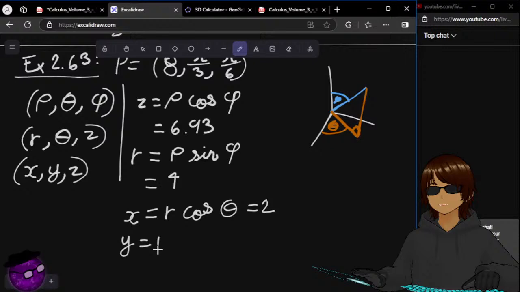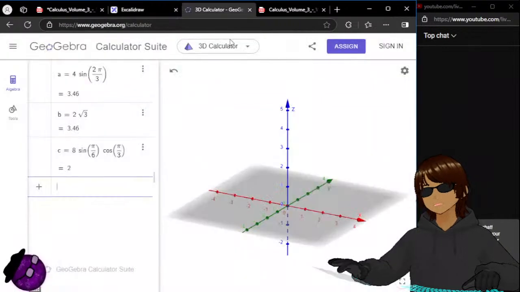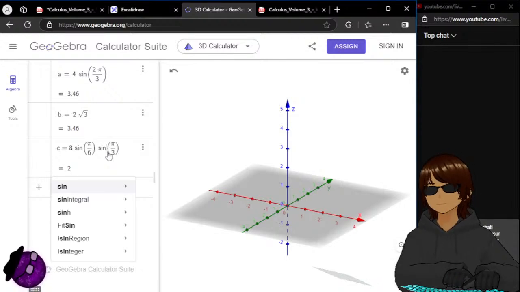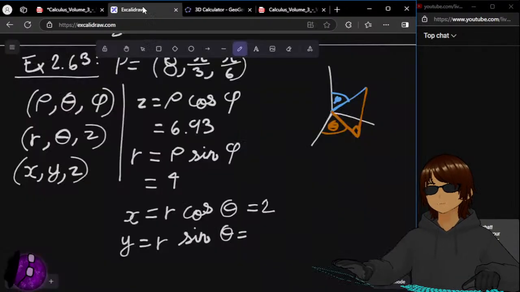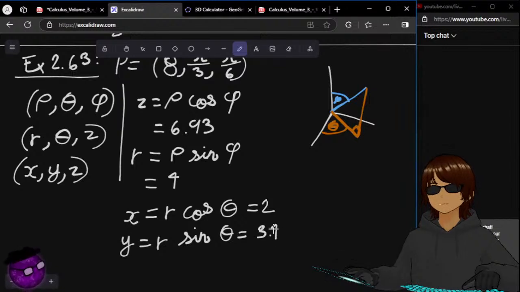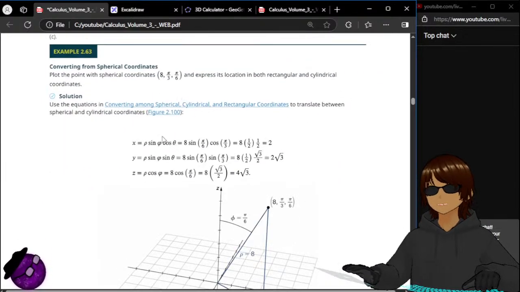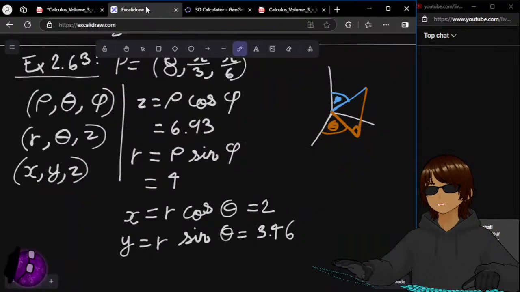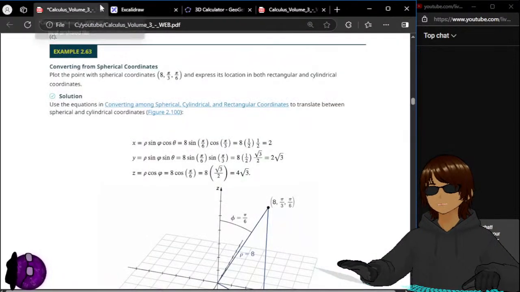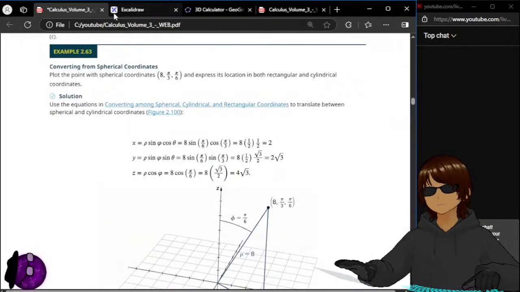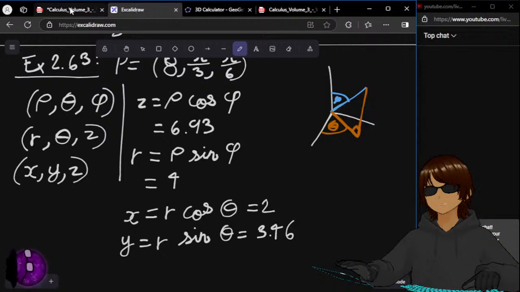And then y is r sine theta, which is 3.46. So x is 2, y is 2 root 3, z is 6.93.